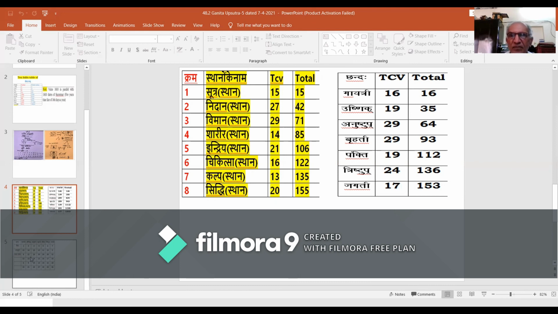Like that, we shall be visiting mathematical domains of all 13 Ganita Upsutras, and then we will be having a comprehensive view of the mathematical domain of Ganita Upsutras in reference to the mathematical domain of Ganita Sutra. Thank you very much.